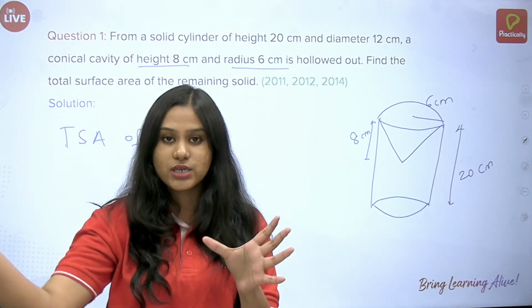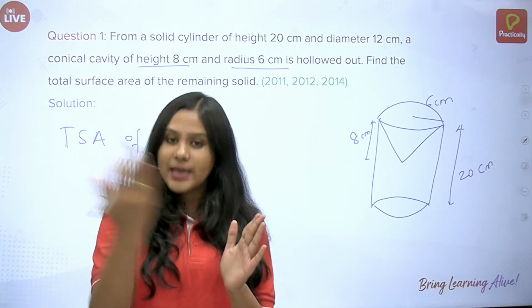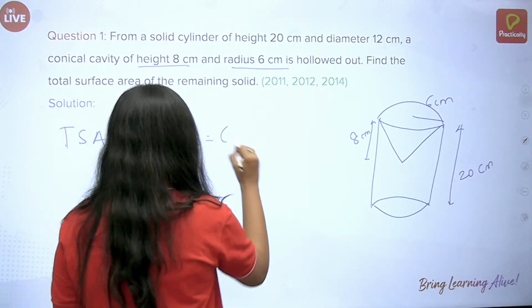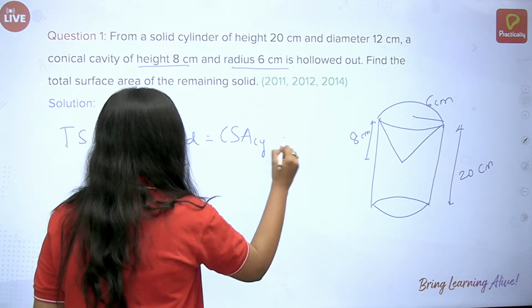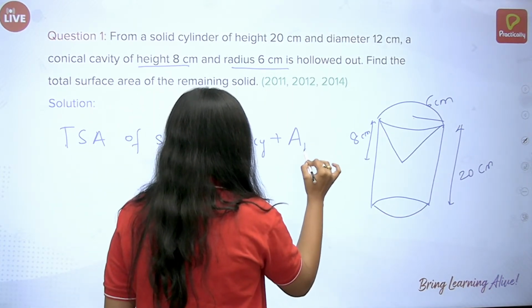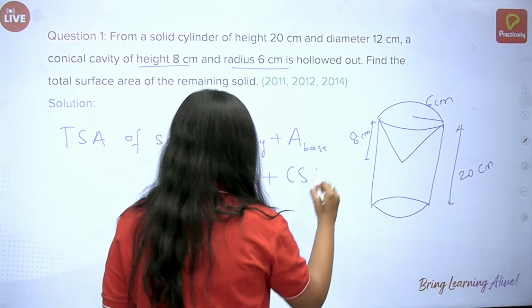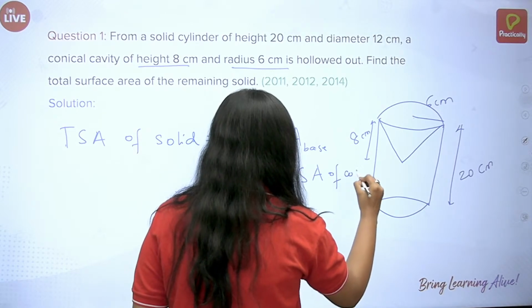So the total surface area is CSA of cylinder plus area of the base, that is area of circle, plus CSA of cone.